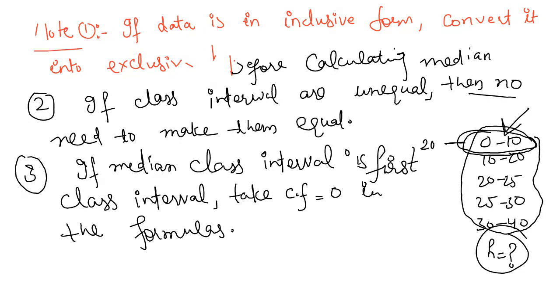But as we discussed in the previous formula, we have to take the value that is above that cumulative frequency. So if your median class is the first class, then you can take the cumulative frequency as 0 in the formula. Clear? Should I repeat or is it clear?